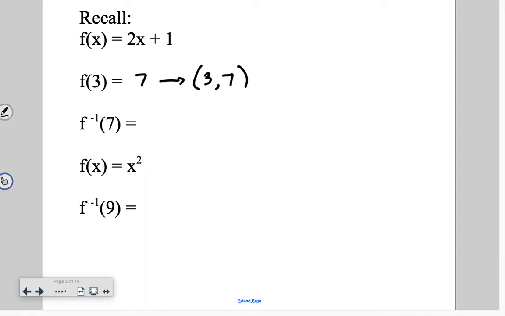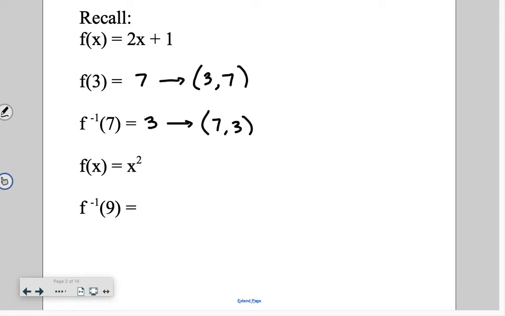Everything flipped, which means even though I don't have the inverse function, what would the inverse at 7 be? Yeah, it's just flipped. So this would be 3, meaning the point 7, 3 would be on the inverse function. So it's just that concept of flipping domain and range. This is really to remind you of that concept.